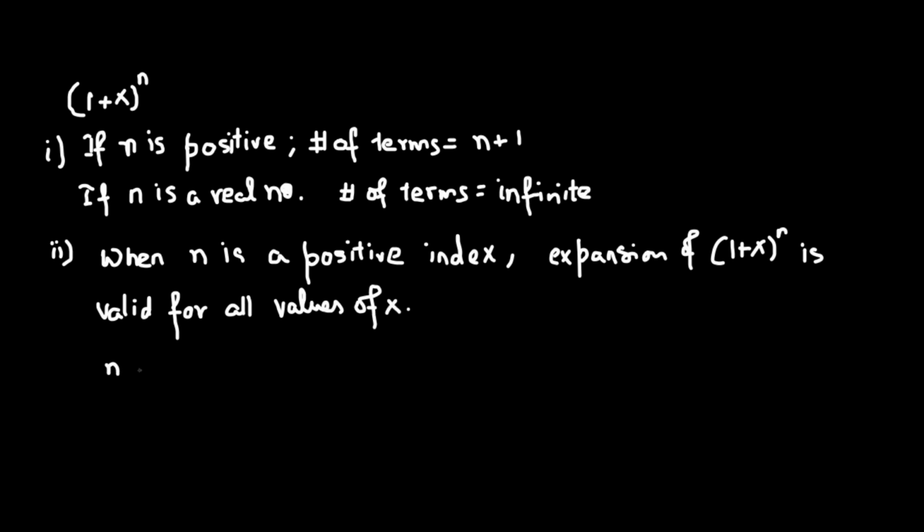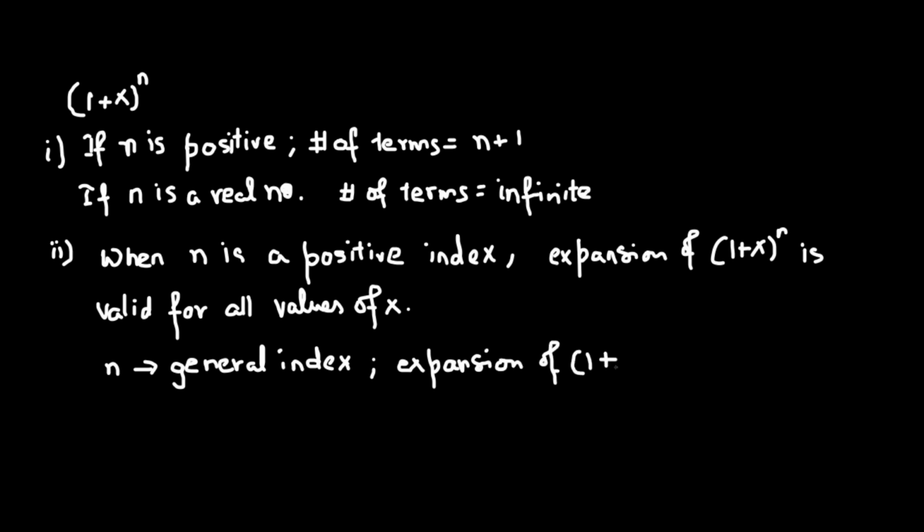While in the case of n being a general index, then the expansion of 1 plus x raised to the power of n holds when the absolute value of x is less than 1, because this is the only time when the expansion is going to converge.